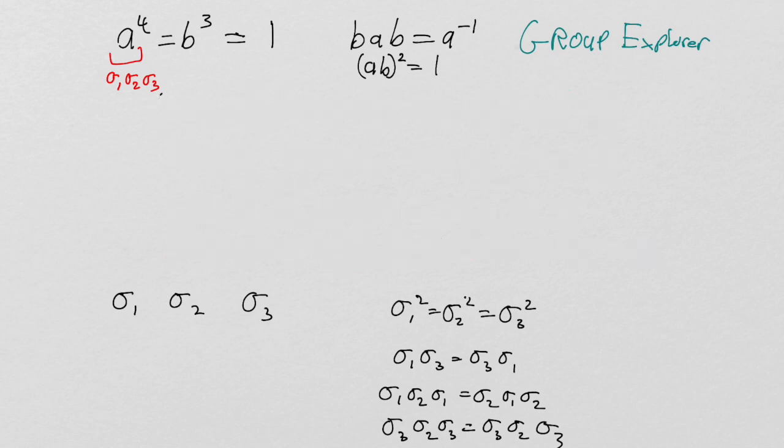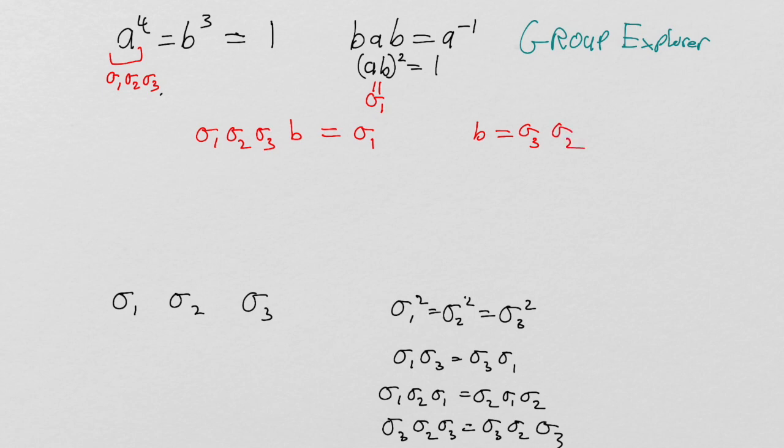So we nominate sigma 1 as equaling AB. So we now know that sigma 1, sigma 2, sigma 3 times some unknown thing B equals sigma 1. All right, well, that's not too tough, right? If we take B equal to sigma 3, sigma 2, then this should work.